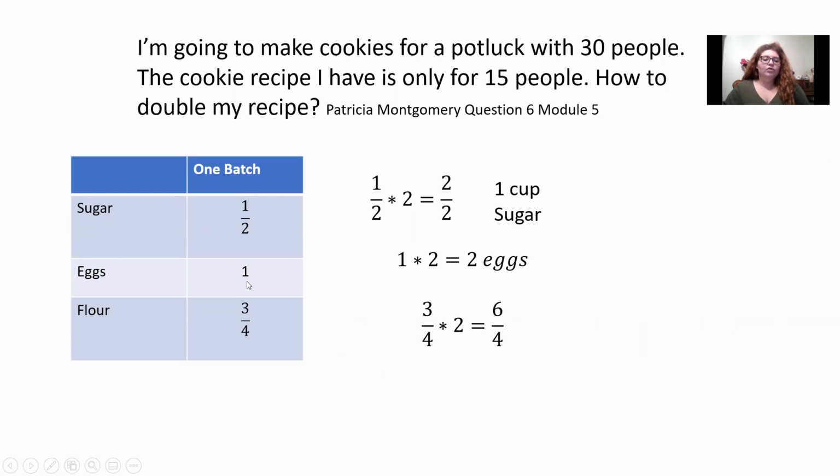And then for eggs, you just do 1 times 2 is 2. But then for the flour, we have 3/4, and we want 2 times that. So we can either do 6/4, or we could do 1 2/4. But you could also simplify it and do 1 cup and then 2/4 of a cup or 1/2 cup.